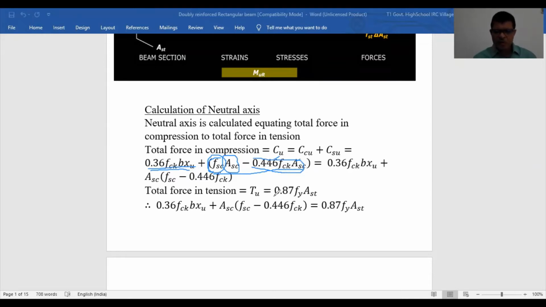This is equal to your tensile force 0.87 fy Ast. So from this equation you will be able to find your neutral axis.